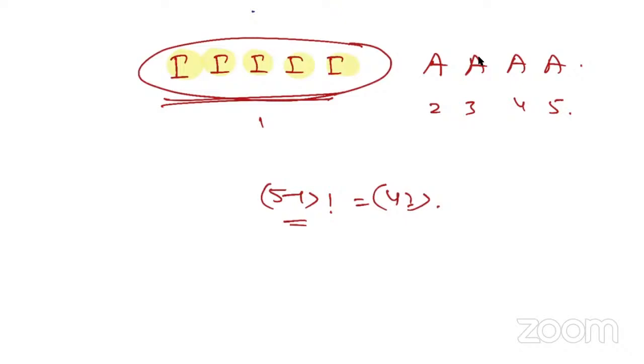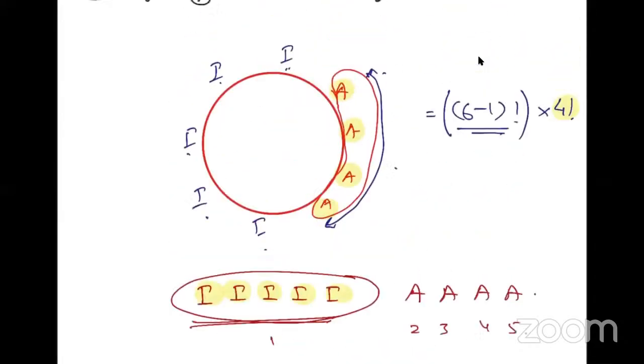So now this is not a circular one. They can then interchange themselves in factorial 5 ways. So again, we are getting factorial 5 and factorial 4 on this, right? Now, this is the third one.